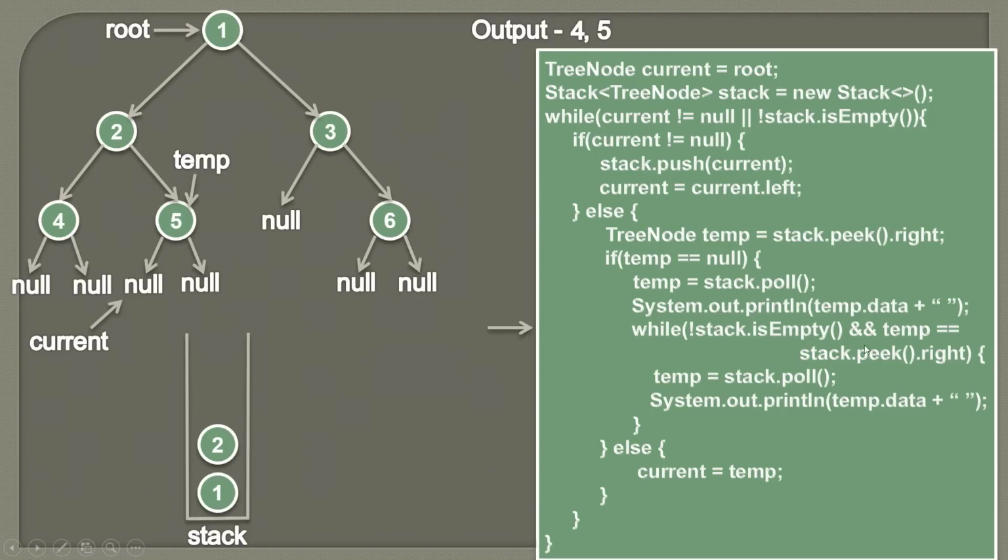So currently stack.peek is 2, which is the parent of 5. And if we see here, its right is this value only, and temp is also pointing to this node.